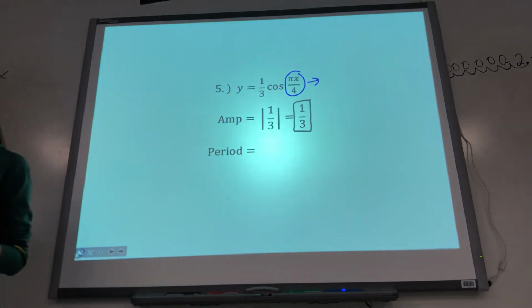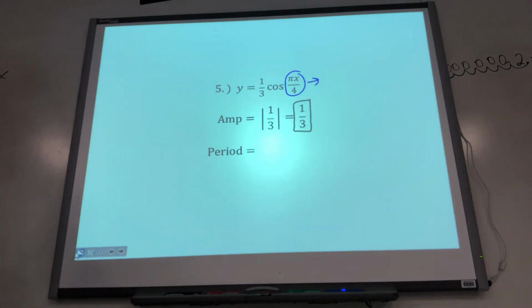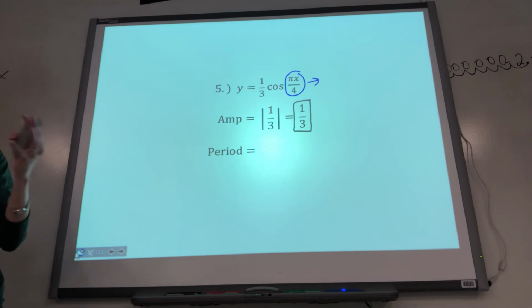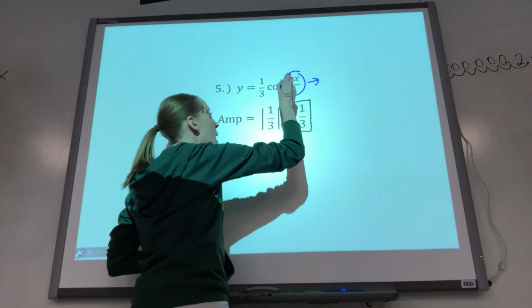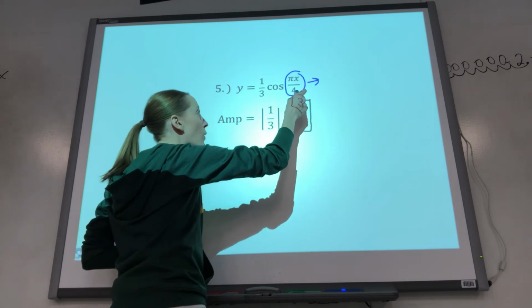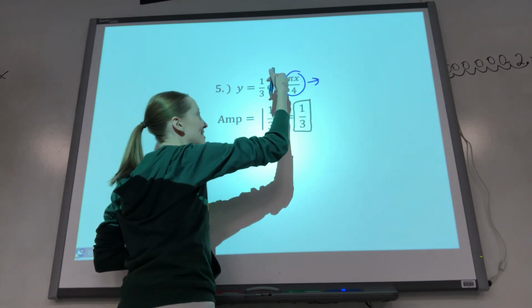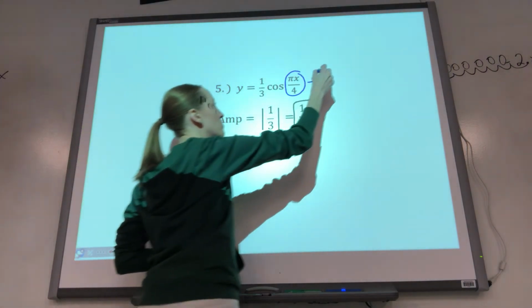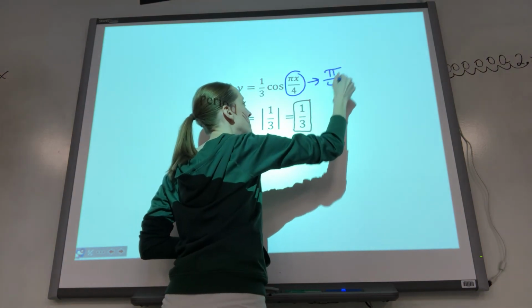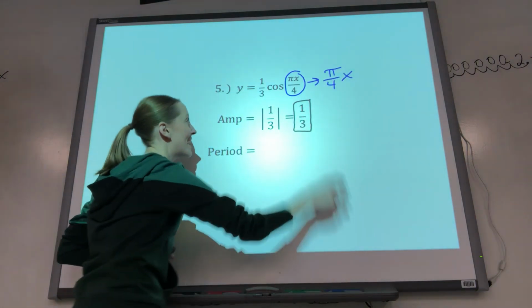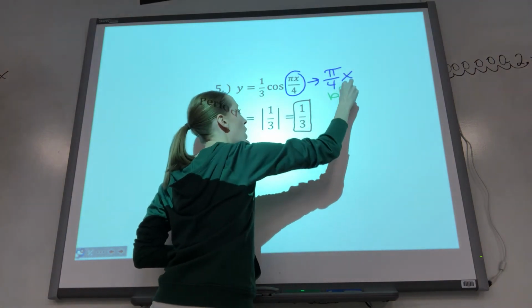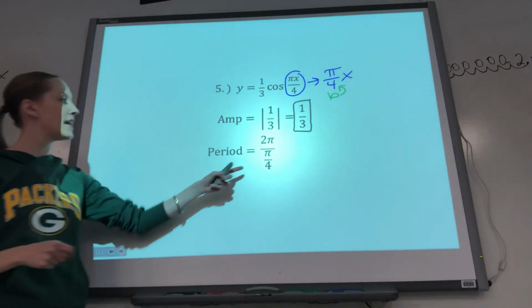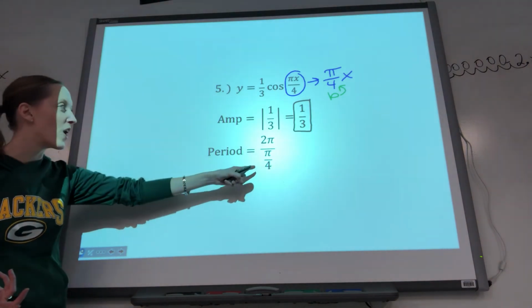To get b, it's really the number in front of x, and I can't really see a number in front of x right now. But pi over 4 is a fraction, just like the 1/3 was on the last problem. You could rewrite that as pi over 4 x. So b is actually pi over 4.